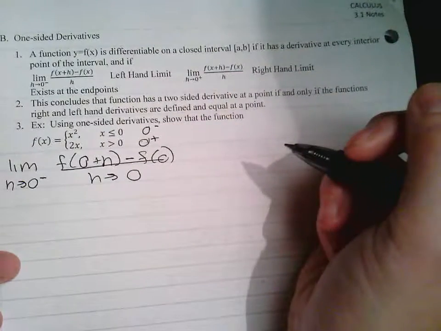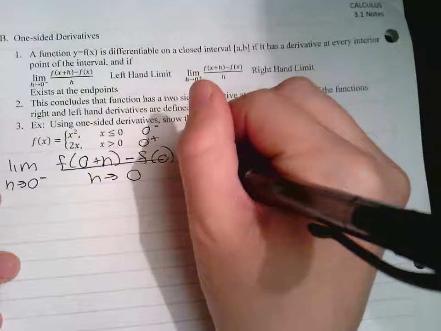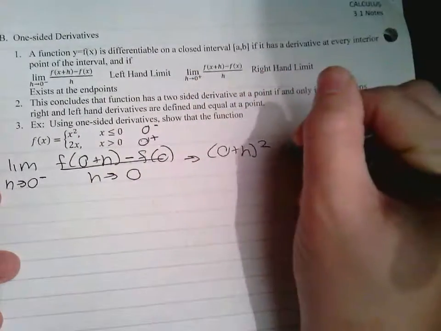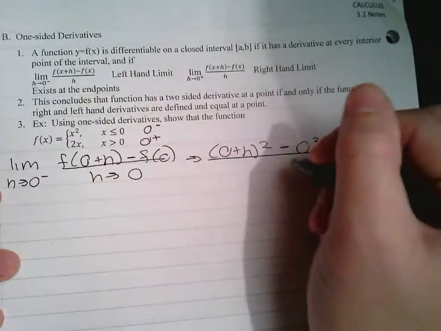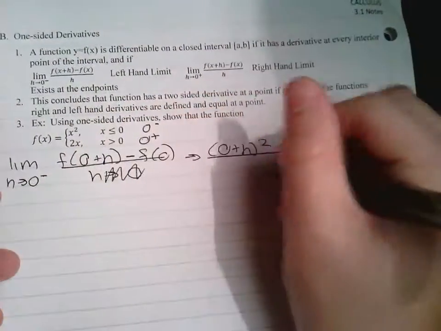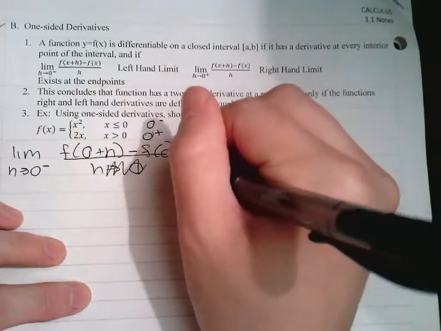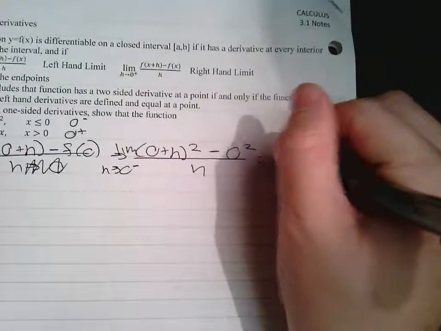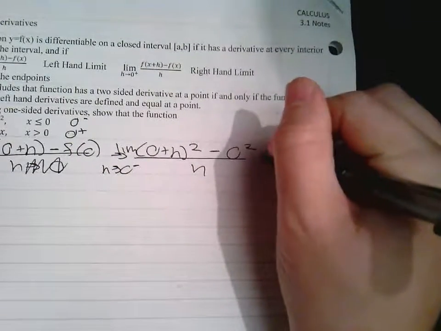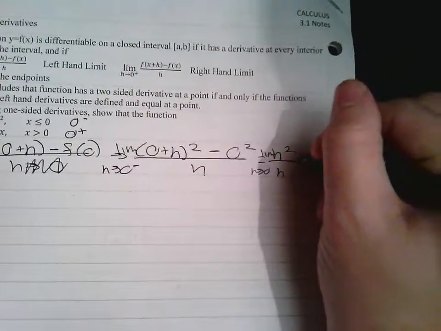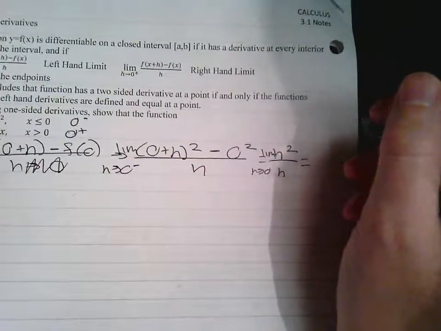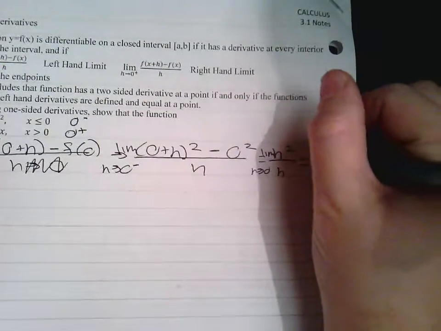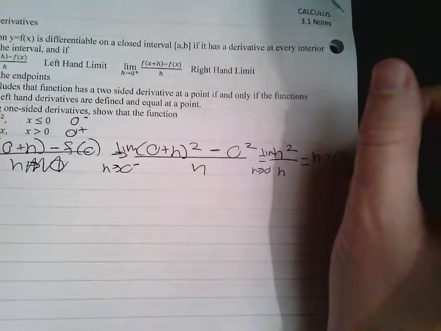So that is going to be 0 plus h squared minus 0 squared over h. So that's going to give you h squared over h. So you're going to end up getting h, so your derivative at 0 is going to be 0.